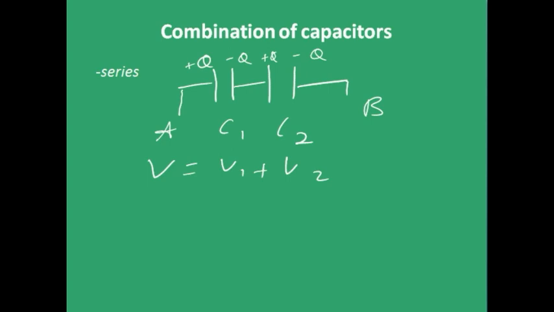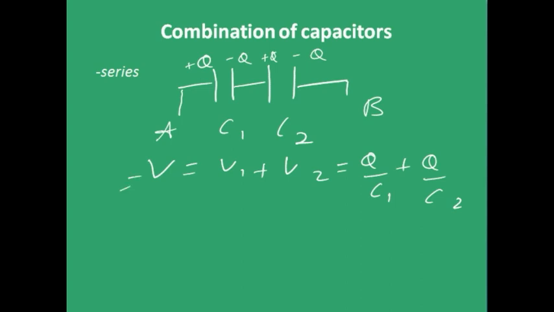Now for the first capacitor, you know that capacitance is Q by V, so I can write V as Q by C, right? So V1 will be Q by C1. Similarly, V2 will be Q by C2. And if my net effective capacitance is C, the charge will be the same, right?